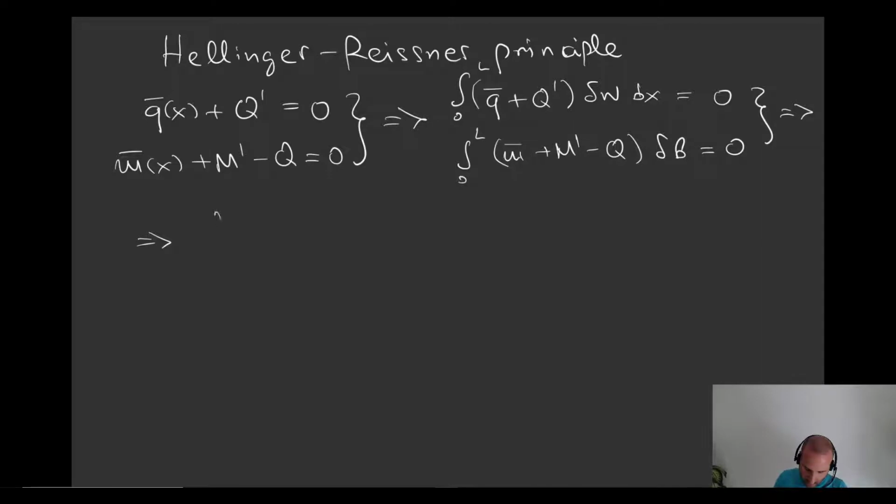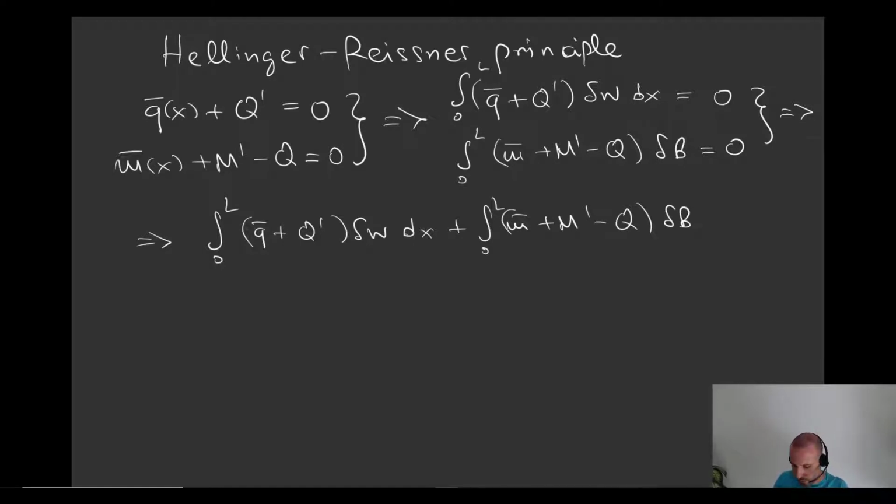That's going to be basically the integral from 0 to L, Q bar plus Q prime times delta W dx, plus the integral from 0 to L, m bar plus m prime minus Q, all multiplied with delta beta, and here I forgot a dx. dx should be equal to 0. So now we summed up both the equations. What is the next step? Obviously, the next step in our workflow here is to split the integral into the underlying parts.